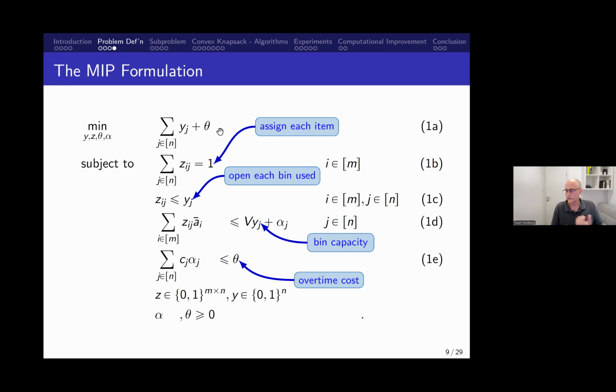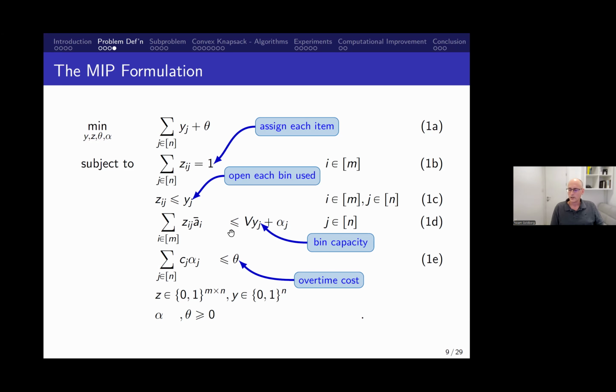So our overtime is theta, and that is the cost of the overtime alpha j per bin j. We have an overtime alpha j, and so the linear combination of these costs with the overtime, that's the total theta.